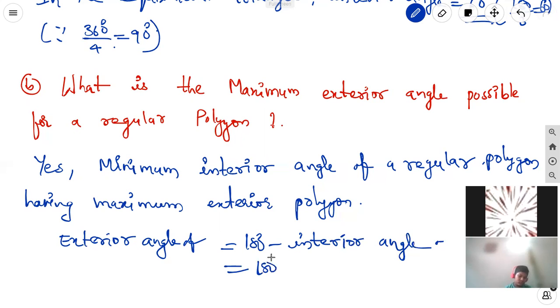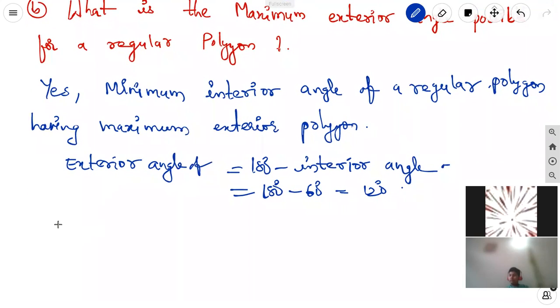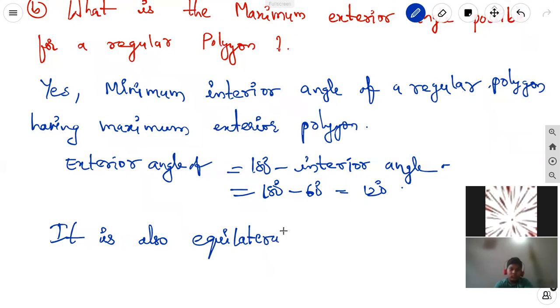That is 180 degrees minus 60 degrees equal to 120 degrees. So it is also the equilateral triangle. The equilateral triangle has the minimum interior angle and maximum exterior angle.